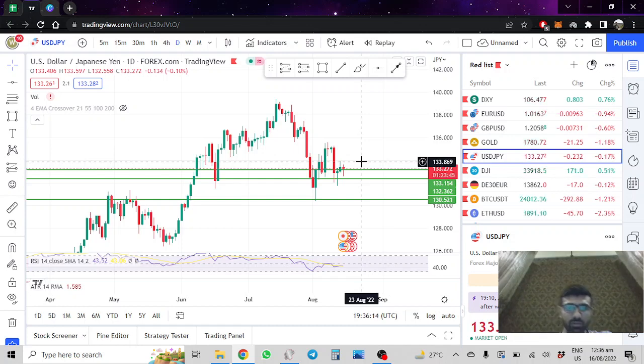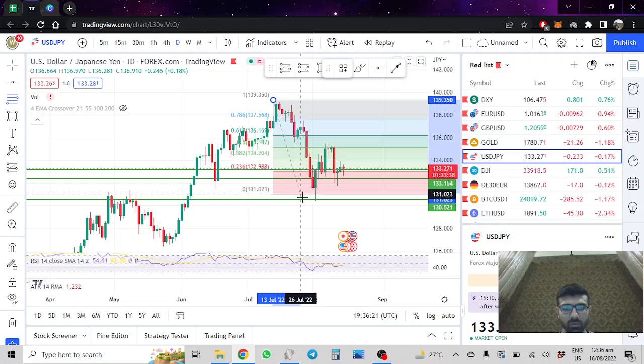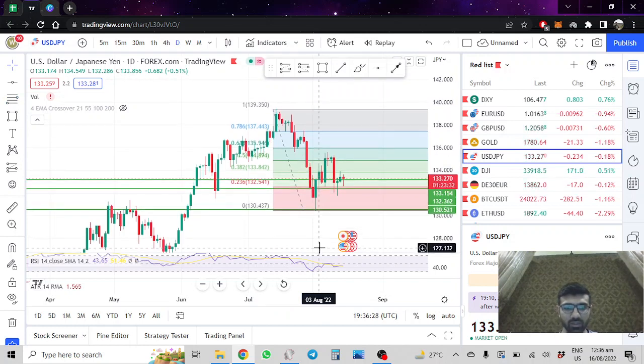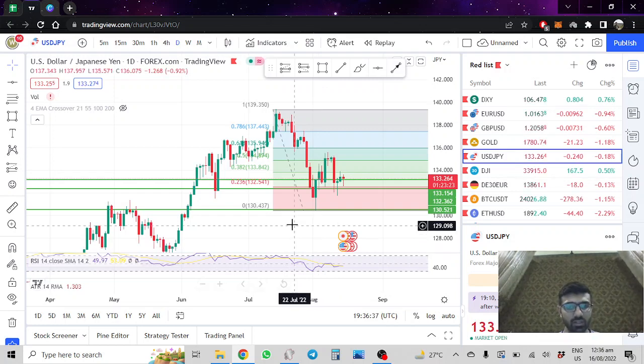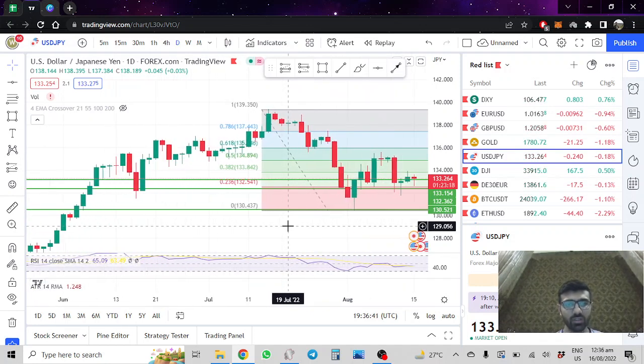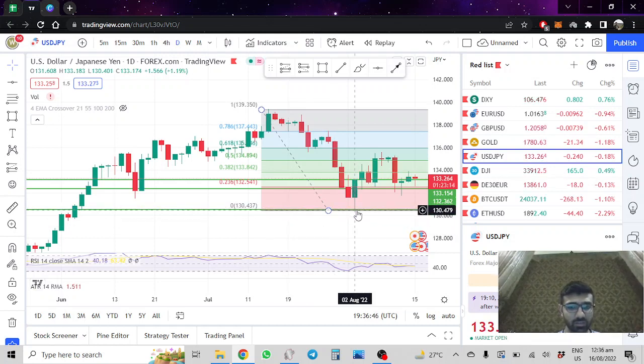I'm also gonna do a sample for you guys. From this top to this bottom, how much area did we cover in the retracement? The retracement usually covers 50% or a little bit more than that. Over here you can see how this Fibonacci retracement has done its retracement beautifully.